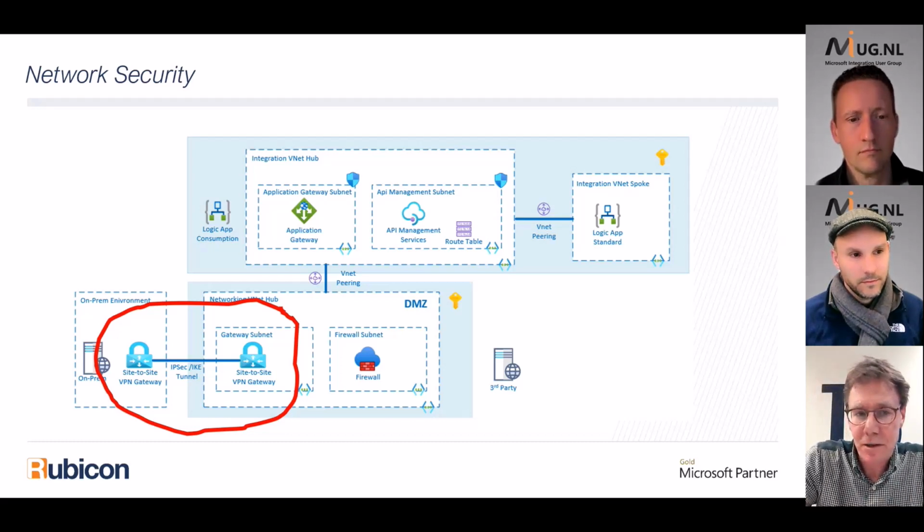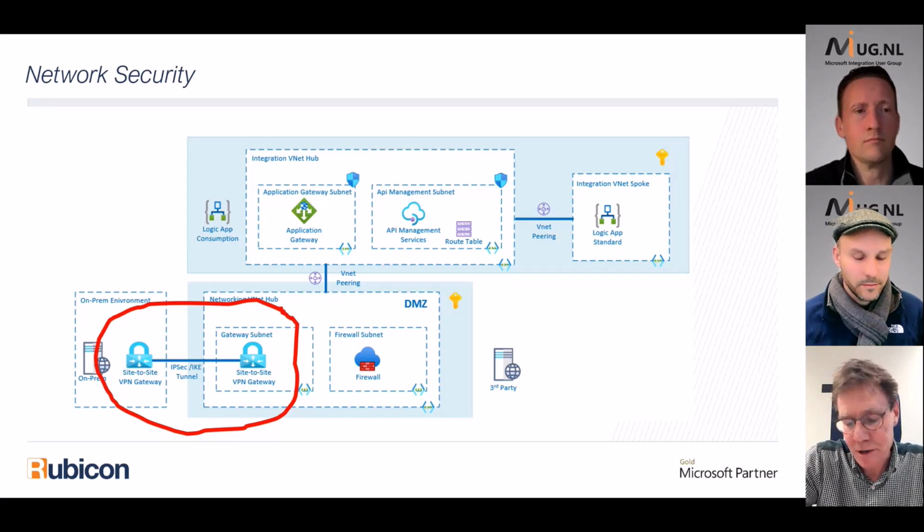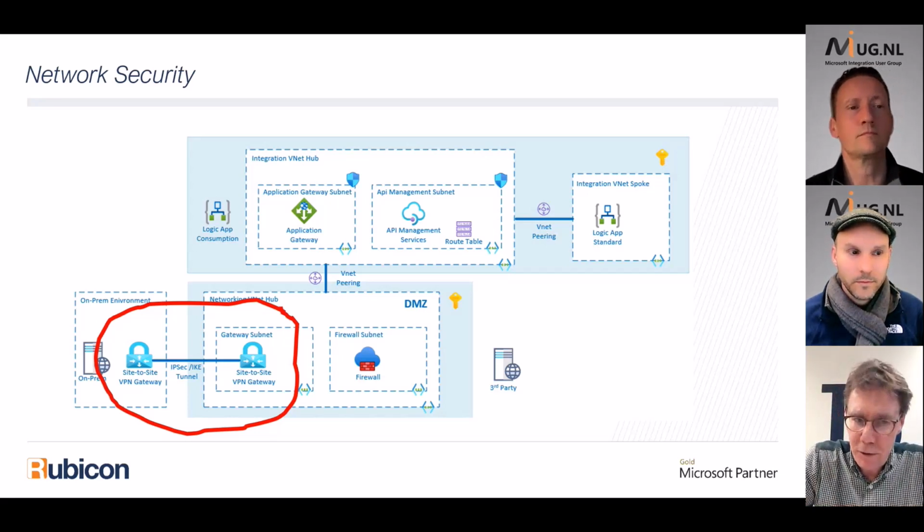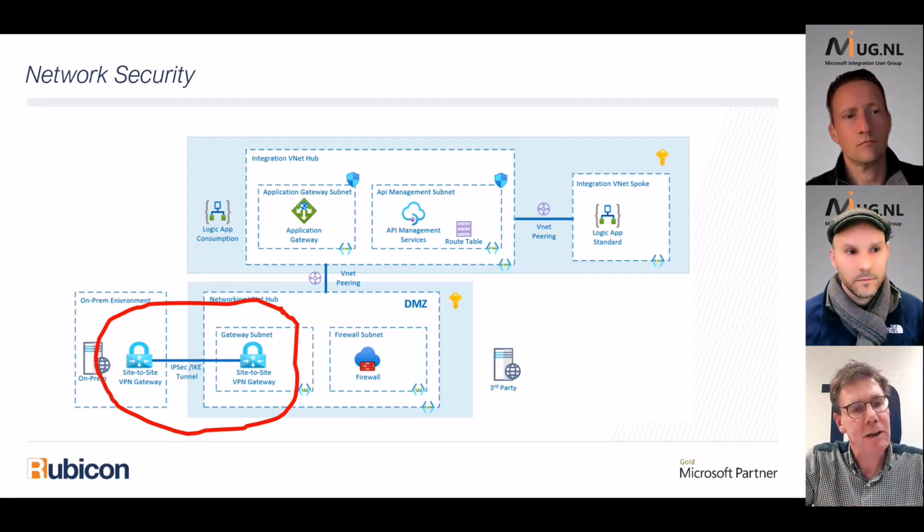For the network connection, the first possibility we have is a site-to-site connection, and the second possibility is an ExpressRoute connection. Without going into full details, the biggest difference is that a site-to-site connection is an encrypted tunnel over the public internet, and an ExpressRoute connection is a private channel.